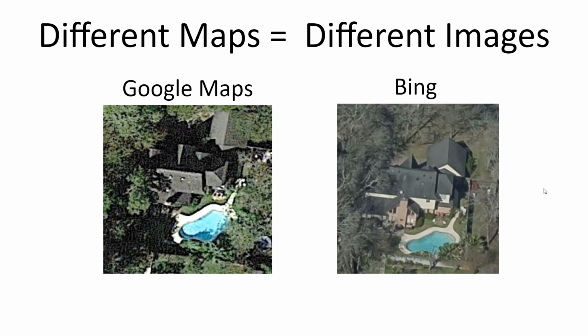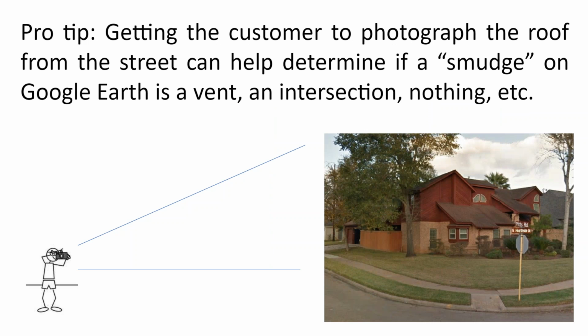It's their search engine, and they'll often have more clearly defined pictures than what Google Maps or Google Earth will have. It's always useful just to tell the client to take a few steps away from their house and turn around and take a picture of the roof line to get a good on-site photograph to tell you what's going on.